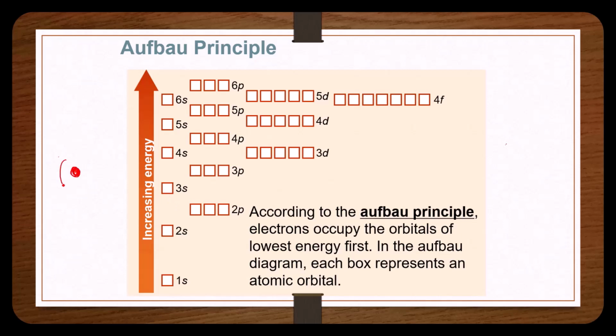So if we have the Bohr diagram, start filling in the electrons from the lowest energy right here, which would be this orbital on the Bohr diagram, and we would fill the electrons of the atom from the lowest energy up to the highest. So on the Aufbau principle diagram, it would go from the bottom to the top. And on the Bohr diagram, it would go from the inside out.